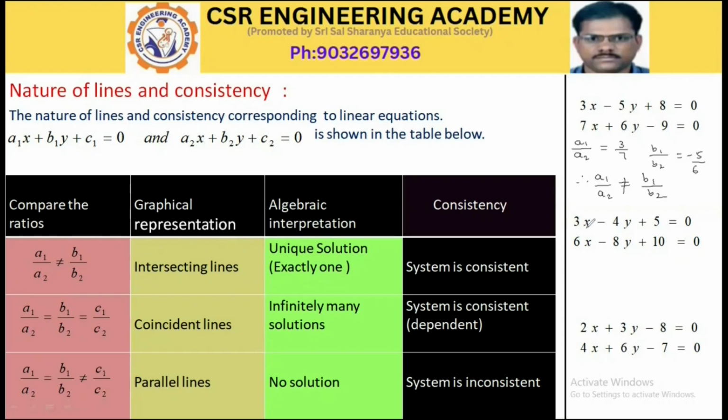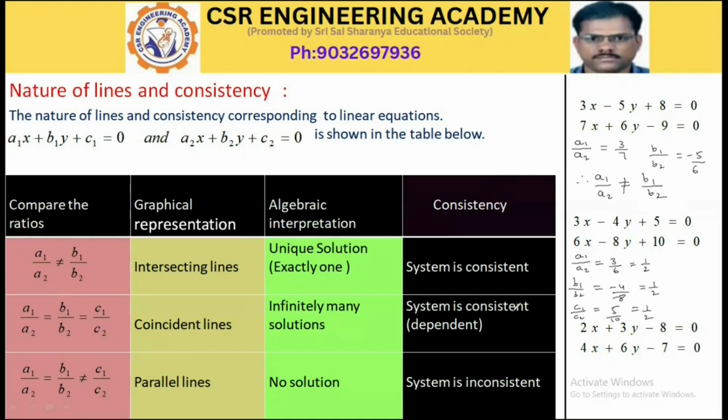Now consider two equations. 3x minus 4y plus 5 is equal to 0, 6x minus 8y plus 10 is equal to 0. Here a1 by a2 is equal to 3 by 6 is equal to 1 by 2. b1 by b2 is equal to minus 4 by minus 8 is equal to 1 by 2. c1 by c2 is equal to 5 divided by 10 is equal to 1 by 2. a1 by a2 is equal to b1 by b2 is equal to c1 by c2.